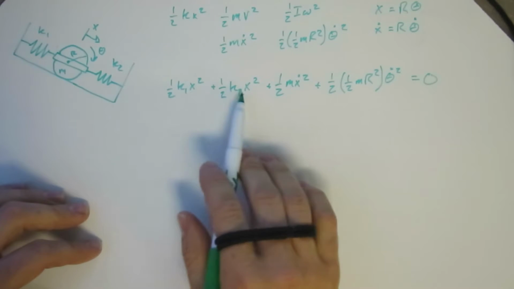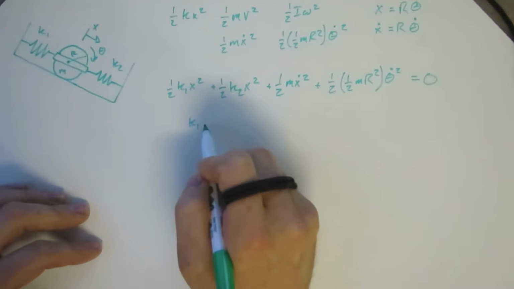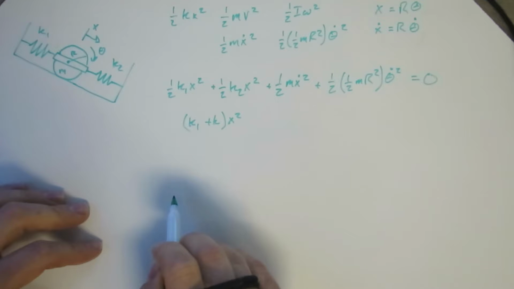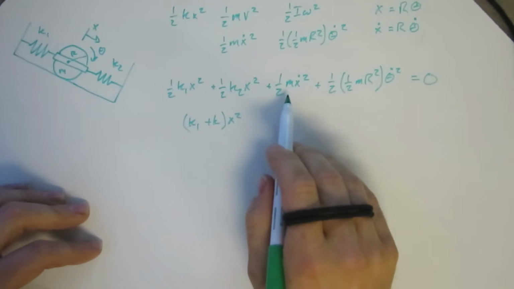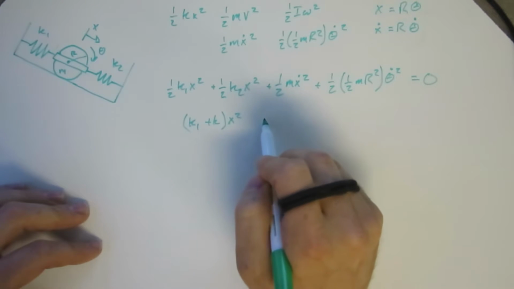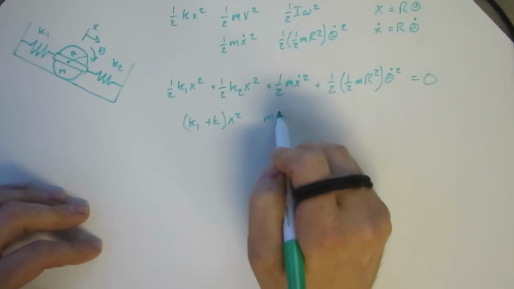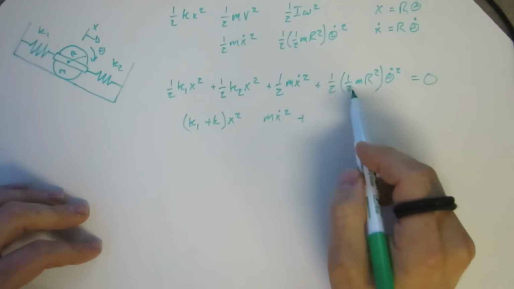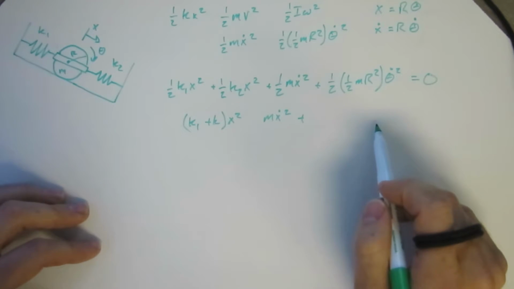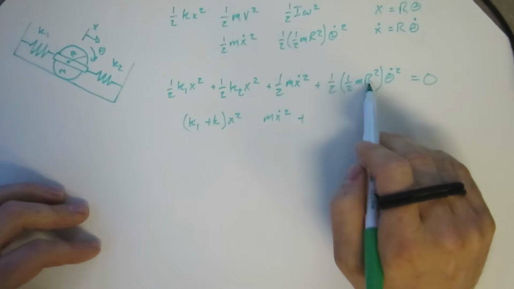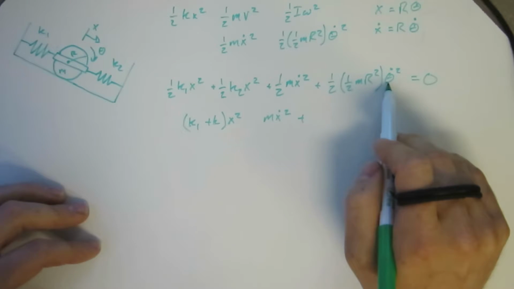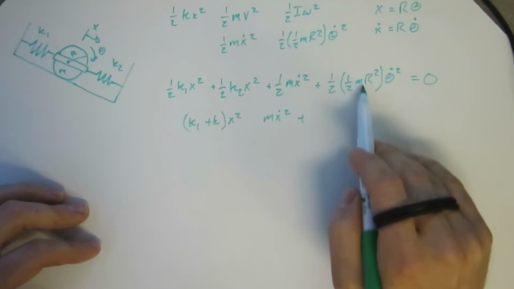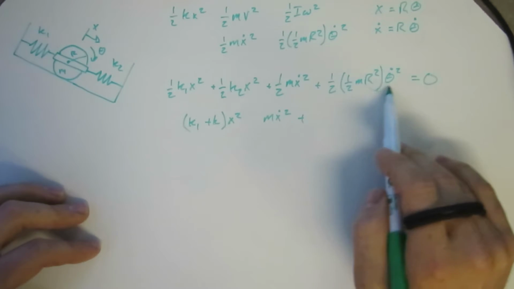Then we have both K1 and K2 multiplying x squared. Then we have m x dot squared plus, and we're getting rid of one of the 1/2, so we still have one around. And then you can see we have r squared theta dot squared. Comparing that to r theta equals x dot, this term right here is just x dot squared.